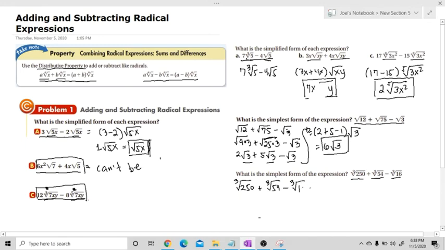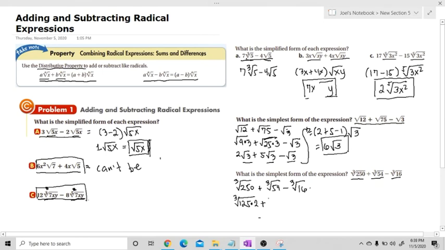Okay, dito sa cube root of 250, maghahanap tayo ng factor ng 250 na mayroong cube root. It is 125. So we will express 250 as 125 times 2 because 125 times 2 is equal to 250.